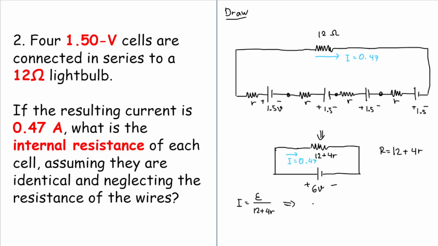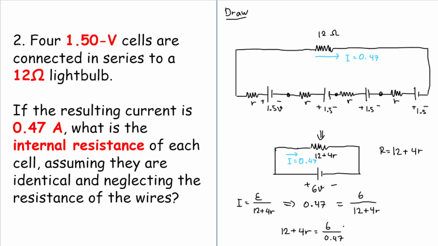So we will have 0.47 equal to 6 divided by 12 plus 4r. Or I can have 12 plus 4r here is equal to 6 divided by 0.47.